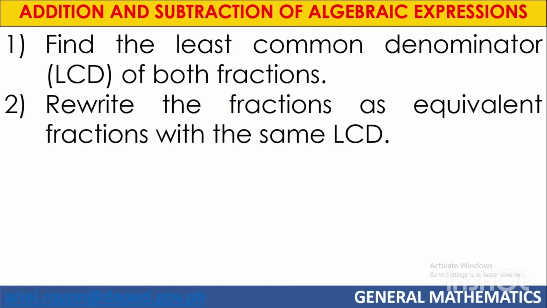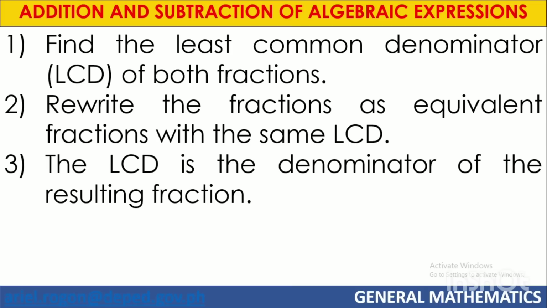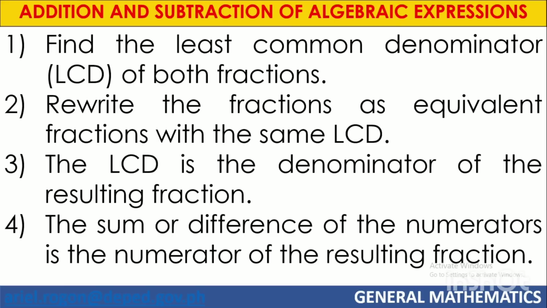We write the fraction as an equivalent fraction with the same LCD. The LCD is the denominator of the resulting fraction. And last, the sum or difference of the numerators is the numerator of the resulting fraction. So these are the four steps we will do to add or subtract algebraic expressions.